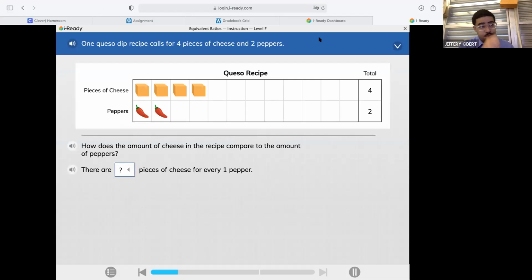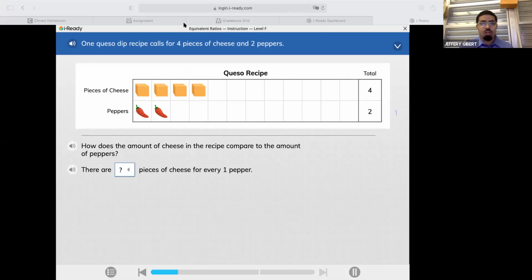All right, Jamesley, how many pieces of cheese are there for each pepper? All right, well, Queen Africa answered for you. It's 2 because for every 1 pepper, we need just 1.